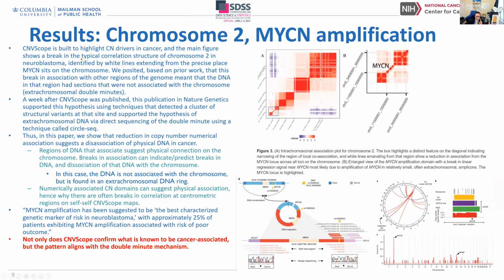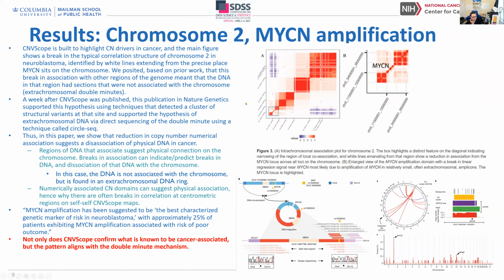CNVScope is built to highlight copy number drivers in cancer. And the main figure shows a break in the typical correlation structure on chromosome 2. If you'll notice, there are these white lines emanating directly from NMYC, which has been suggested to be the best characterized genetic marker of risk in neuroblastoma.